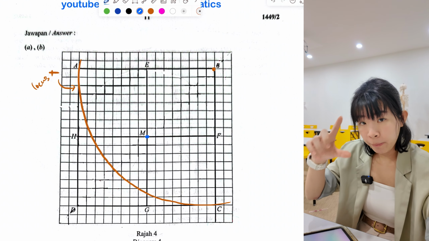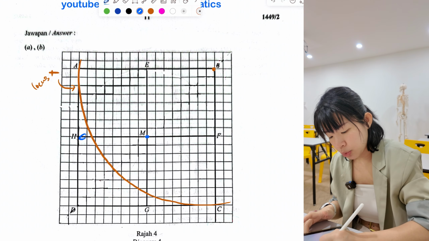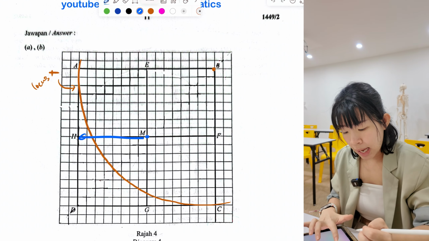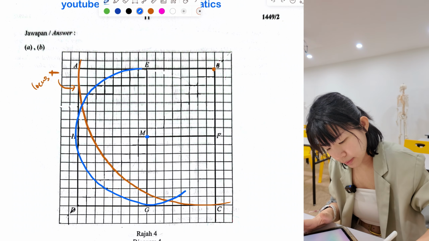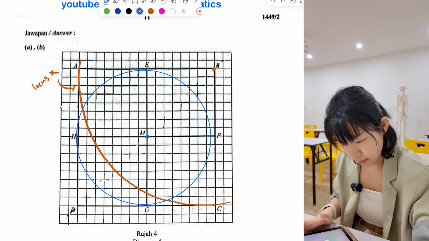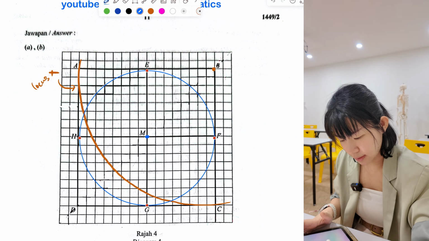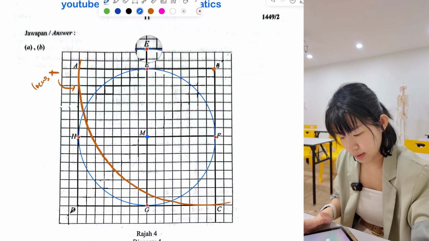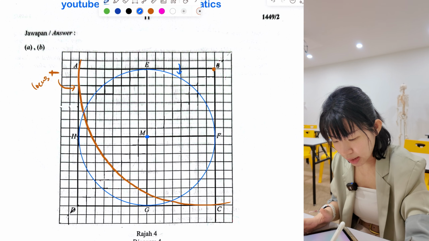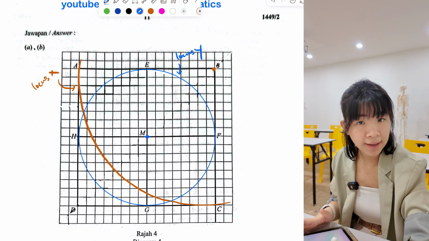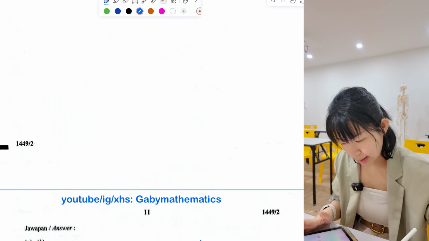Open the distance of MH with your compass and draw a perfect circle. It can fit perfectly in the square. So this is locus Y.